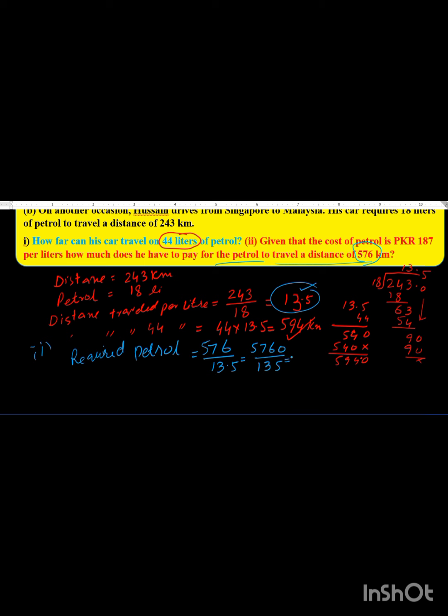So you can simplify by the table of 5. 5 ones are 5, again 5 ones are 5, and 2 carry 26. 5 fives are 25, and 5 twos are 10 divided by 5. 2s are 10 and 5 sevens are 35. So 1152 divided by 27.